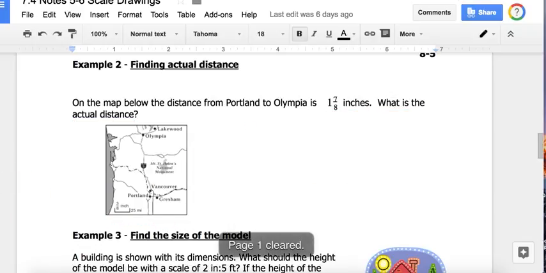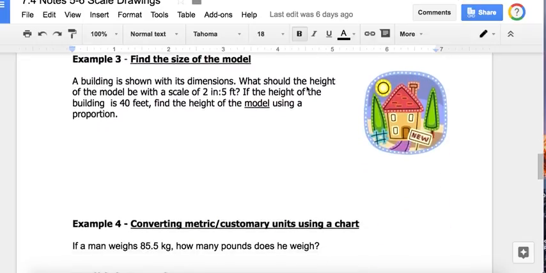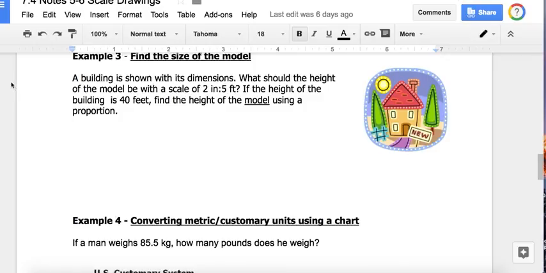Okay, look at number 3. Find the size of the model. So a building is shown with its dimensions. What should the height of the model be with a scale of 2 inches is 5 feet? So underline that. If the height of the building is 40 feet, find the height of the model using a proportion.